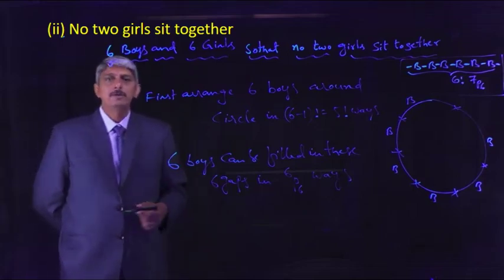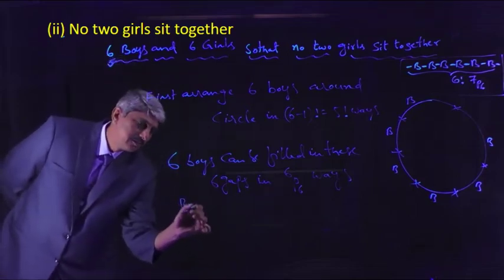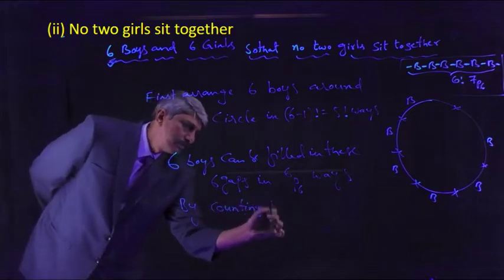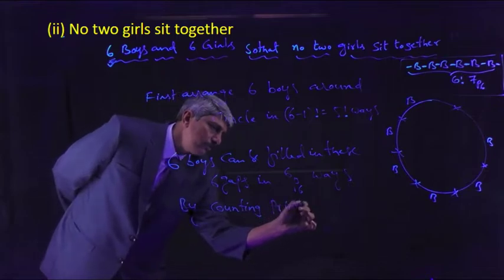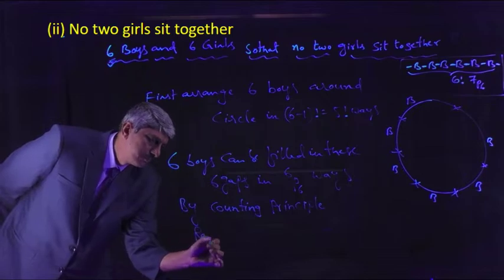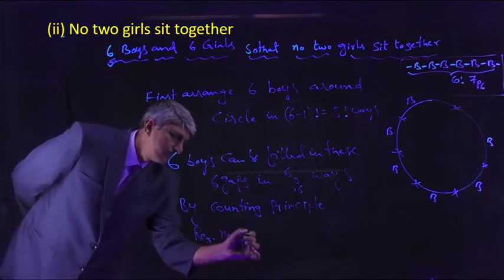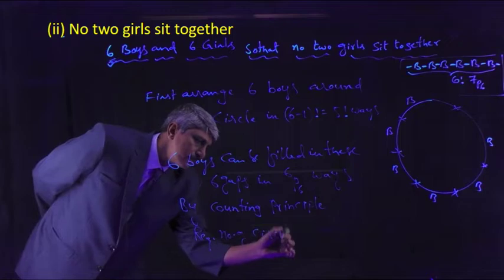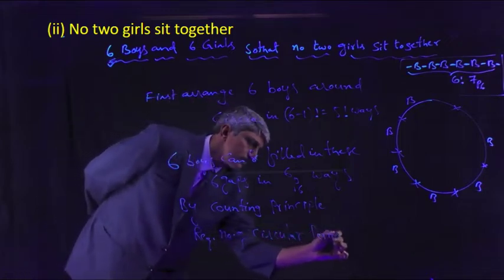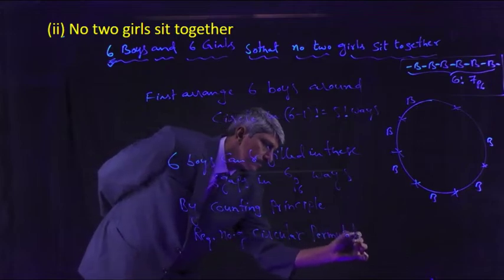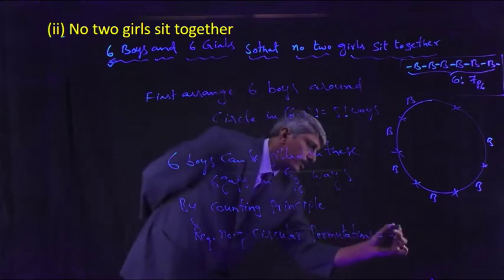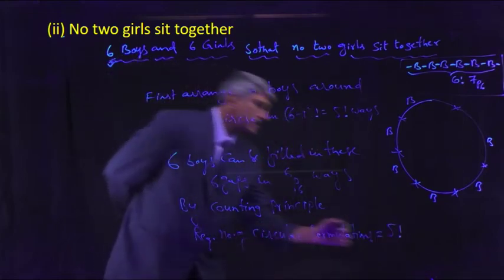Therefore, by counting principle, the required number of circular permutations is equal to 5 factorial into 6p6, that is 6 factorial.